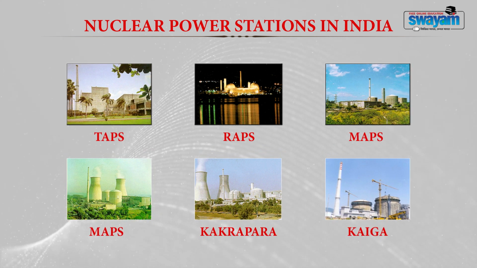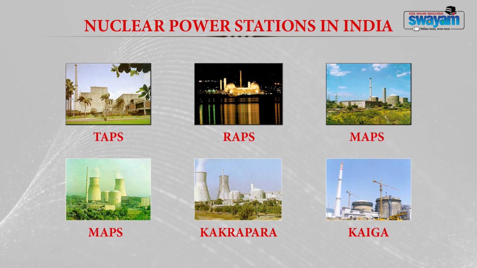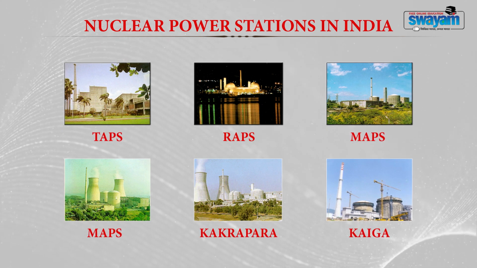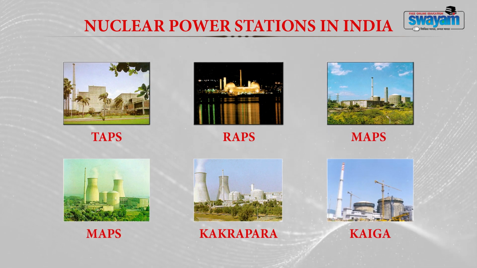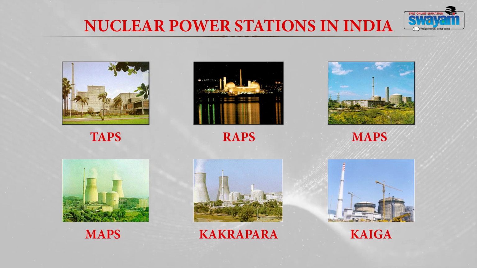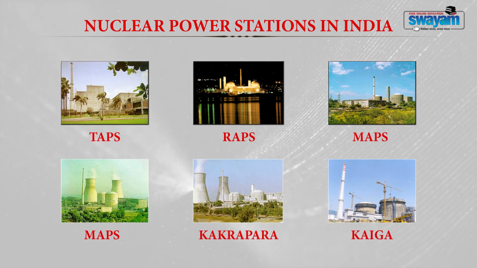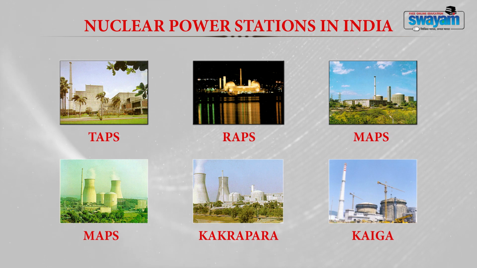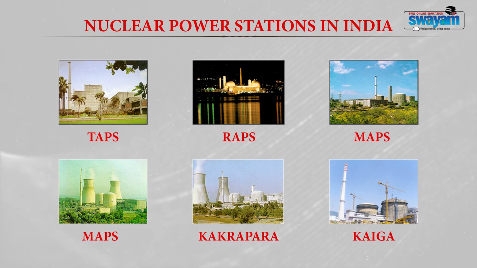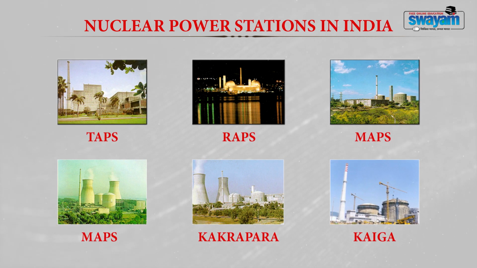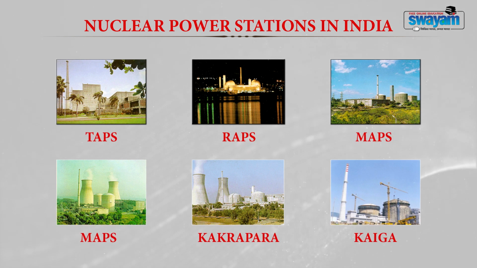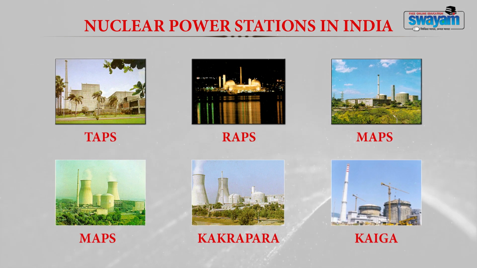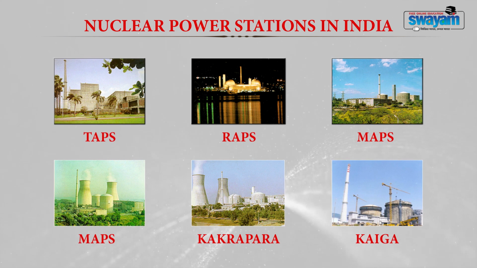These nuclear power stations are Tarapur Atomic Power Station, Rawatbhata Atomic Power Station, Madras Atomic Power Station, Narora Atomic Power Station, Kakrapar Atomic Power Station, Kaiga Nuclear Power Station, and recently the last one added to this list, the 7th station, the Kudankulam Nuclear Power Station.